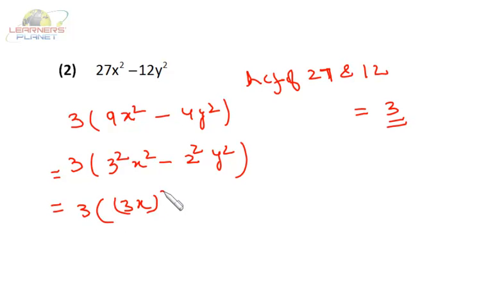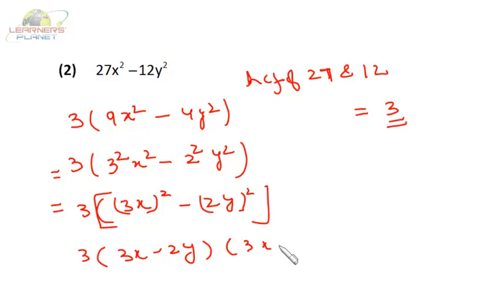It's 3x whole square minus 2y whole square. Now it's further x square minus y square format, which can be factorized 1 time minus and 1 time plus. Okay, very easy. Just one more step and we have already learned this method of taking out HCF as common. Okay.